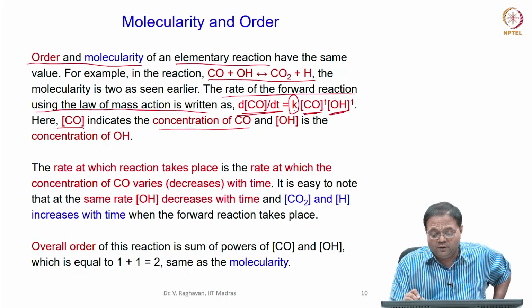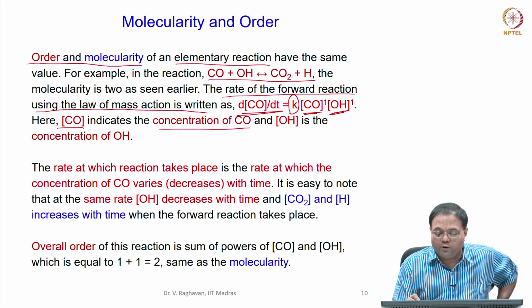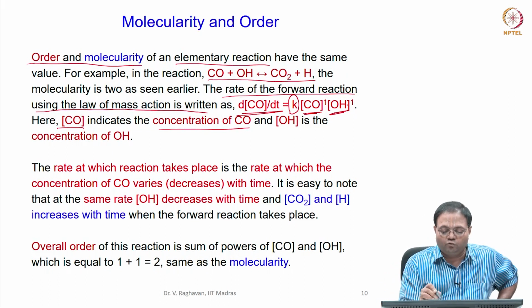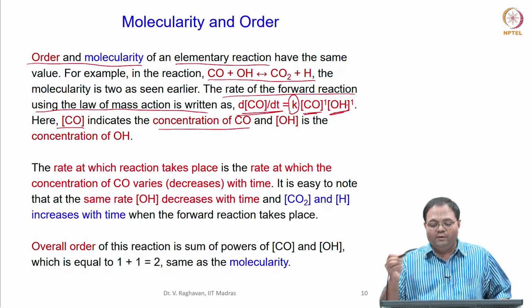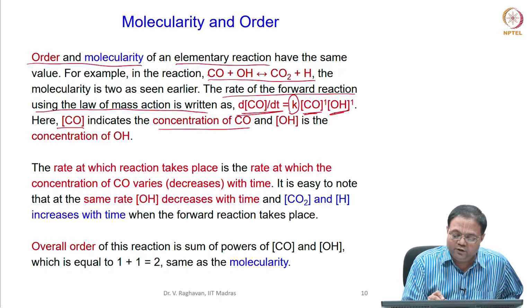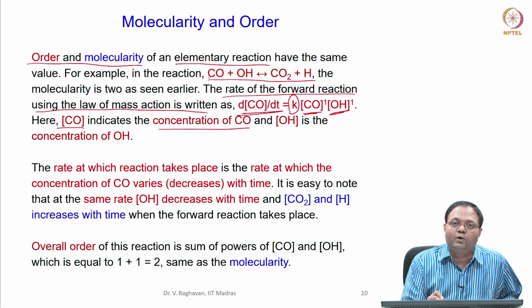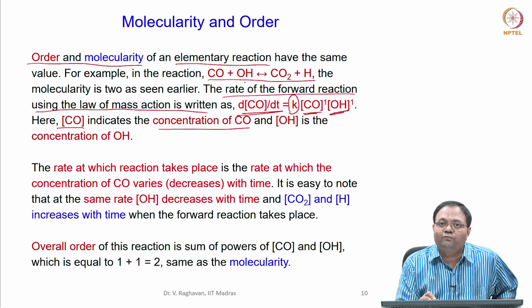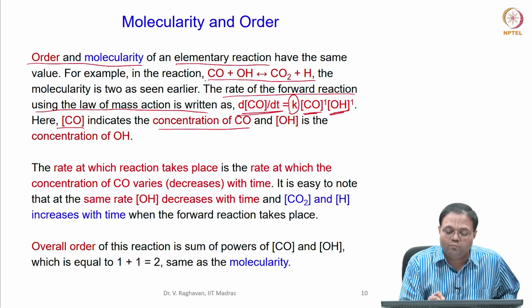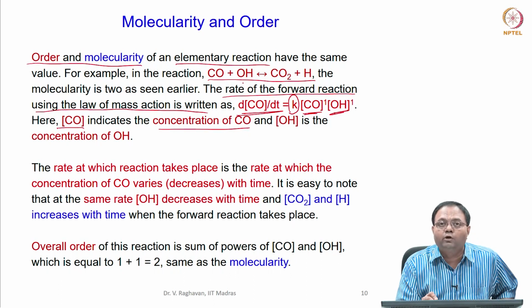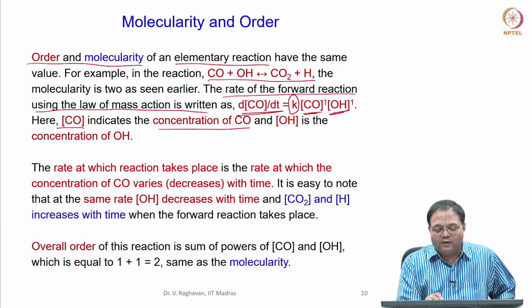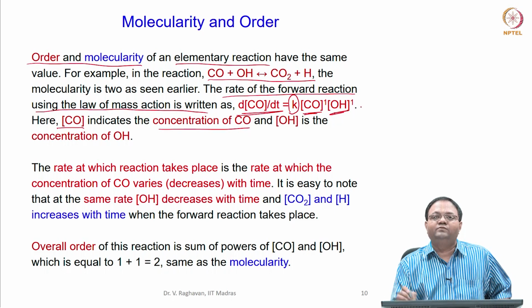Now, you can see that the order of this reaction is 1 plus 1, 2, molecularity is also 2, order is also 2. For elementary reactions, the stoichiometric coefficient for CO is 1, stoichiometric coefficient for OH is 1, that is 1 molecule of CO, 1 molecule of OH. So, that is used as the power to raise the concentration.